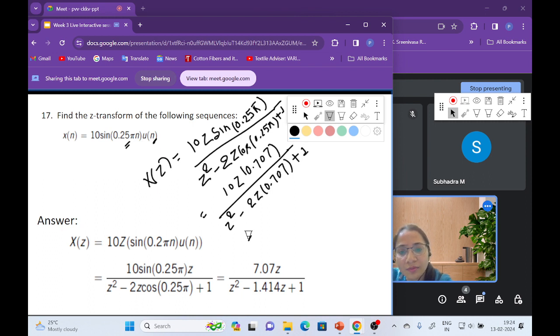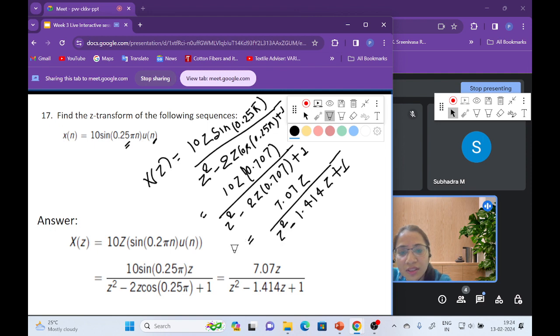Okay, so if you multiply 0.707 by 10, that will be 7.07 z divided by z square minus, if you multiply 2 by 0.707, it will be 1.414 z plus 1.